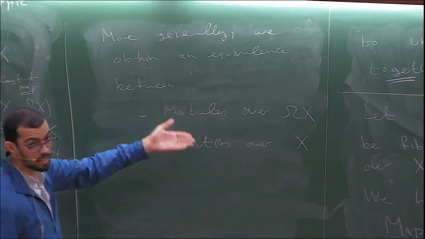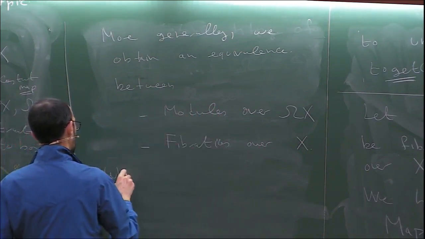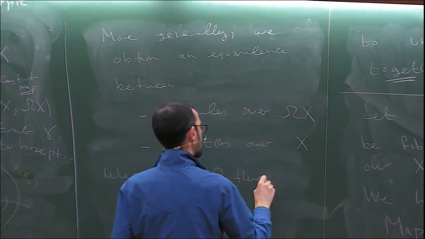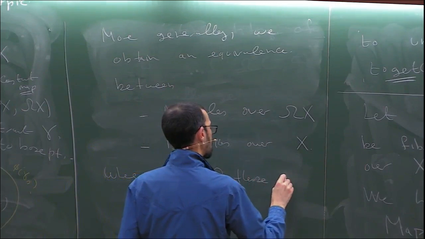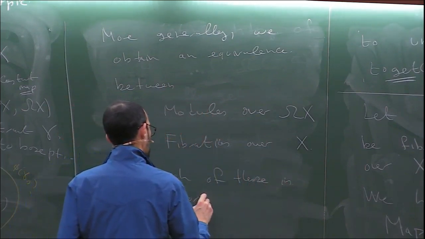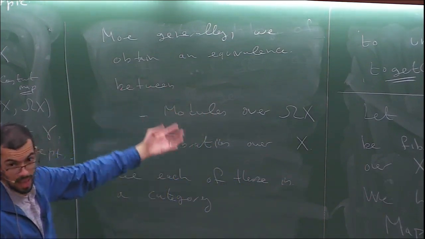I mean each of these is a category. Okay. So modules means spaces together with an action of loop X.